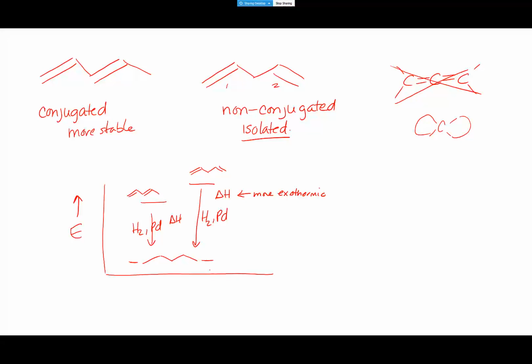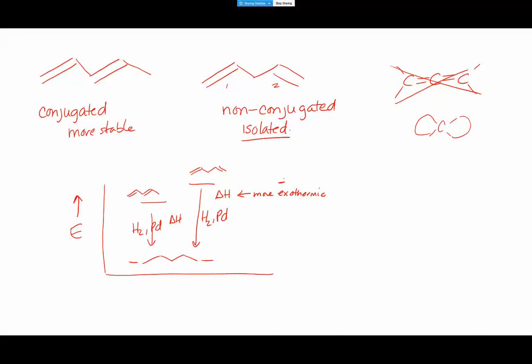But the heat of hydrogenation of the less stable species is going to be more negative. It's going to be more exothermic. And so the more exothermic species is going to be less stable. Less stable also equals more reactive.